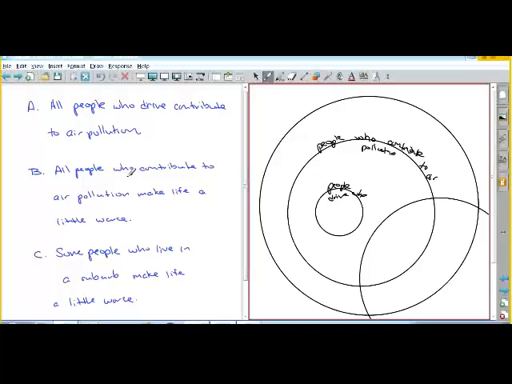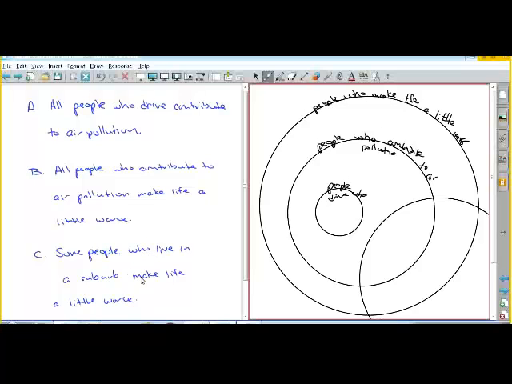Then the next one says all people who contribute to air pollution make life a little worse. That's what the second statement allows you to do. All people who drive are people who contribute to air pollution. All people who contribute to air pollution are people who make life a little worse.